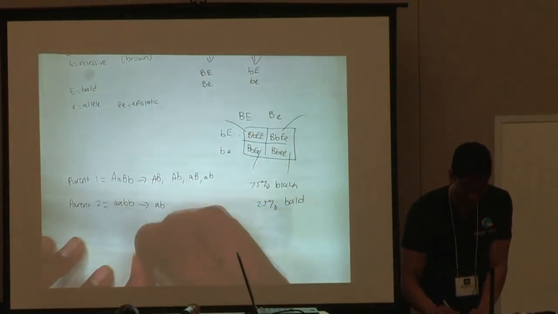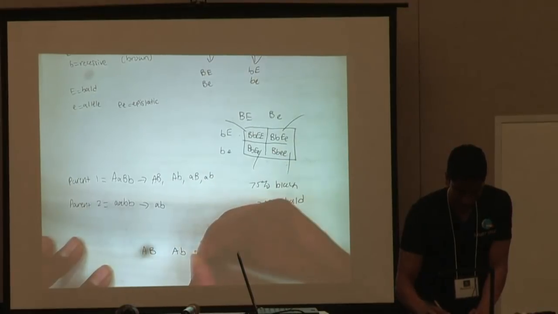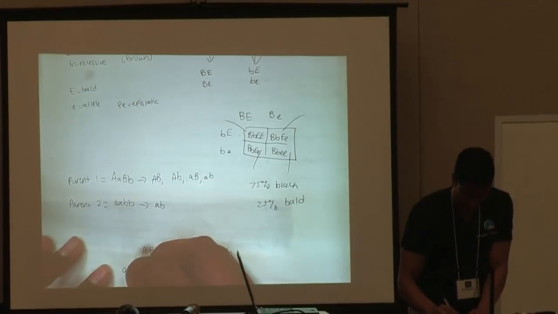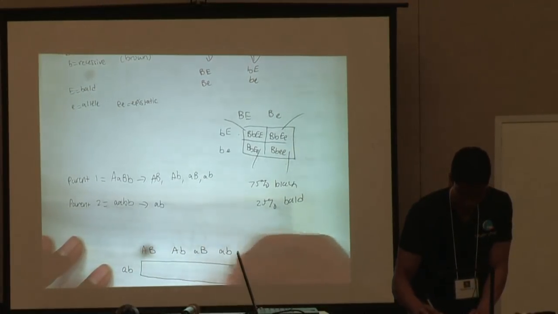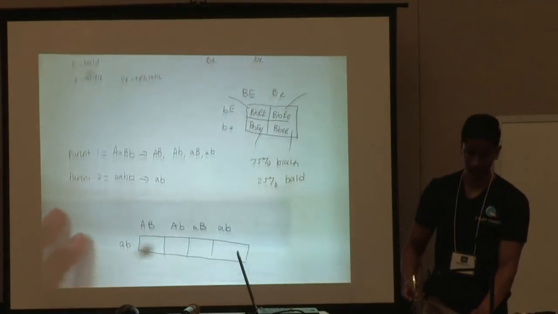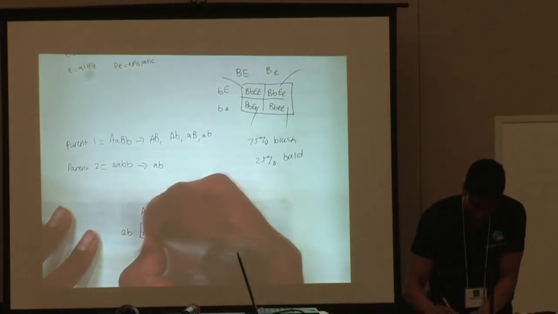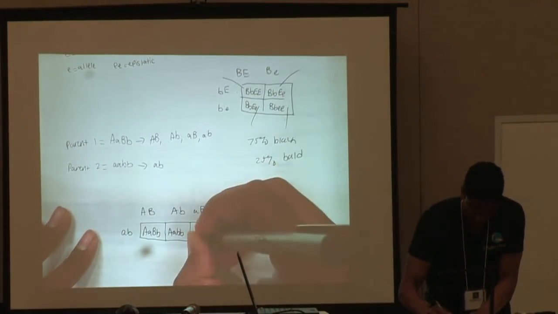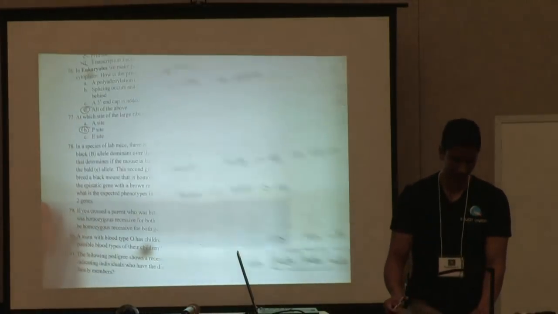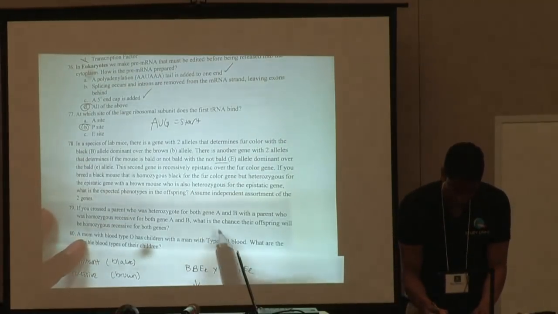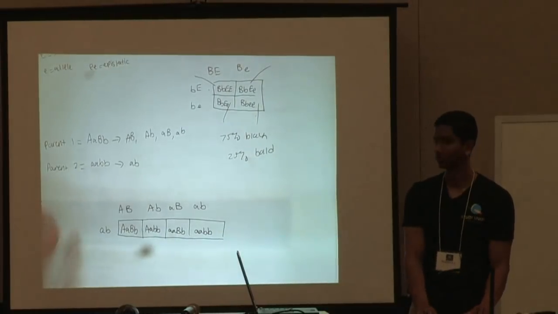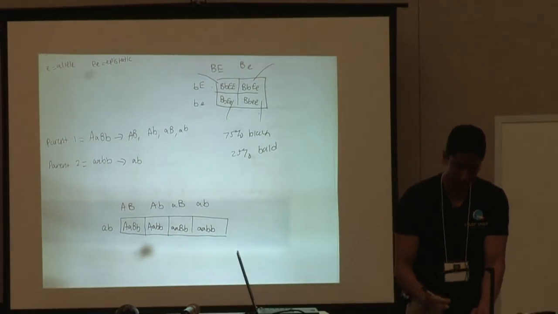All right, so that's it for that one. So the question's asking, what is the chance their offspring will be homozygous recessive for both genes? 25%, good.